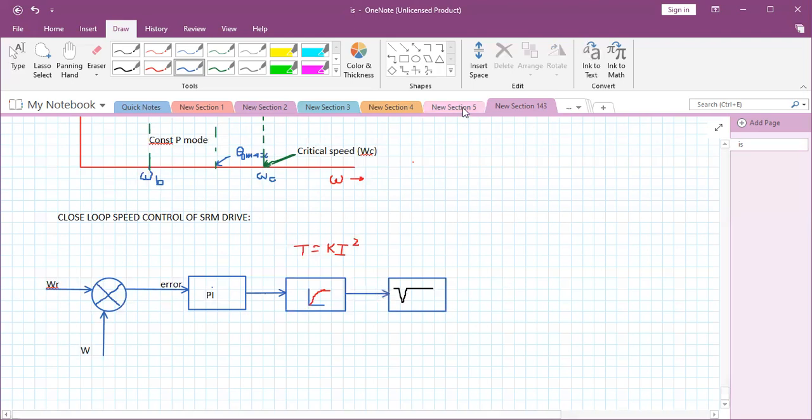What we are getting here is a reference current, which we can denote by IR, or I can say I star. So this is our reference current.